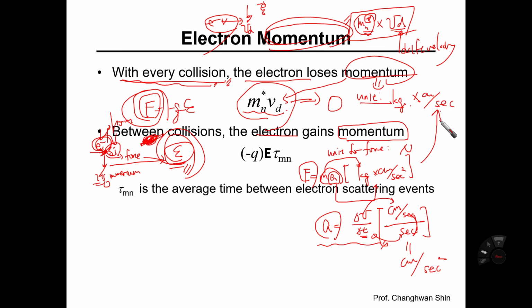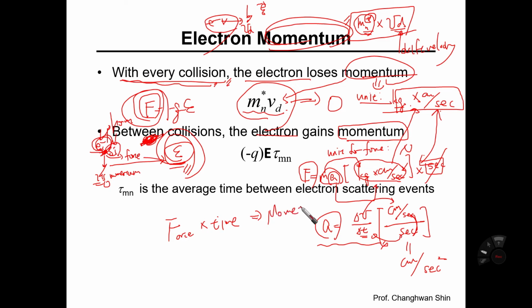We want to match both units. What kind of thing should be multiplied? Second, right? Then it's going to be canceled out, and we end up with the unit for momentum. So force times time indicates momentum. So what kind of time should be applied here in this situation? A single collision has happened, and the electron is going to be accelerated with the help of this electric field.